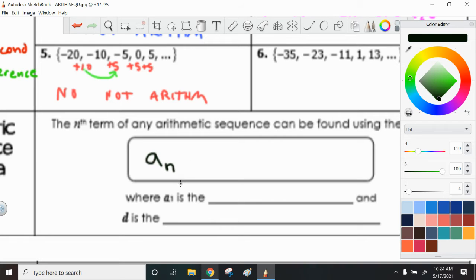So it's like the H2O, it's like that little 2, is equal to A1 plus D, parentheses, n minus 1.